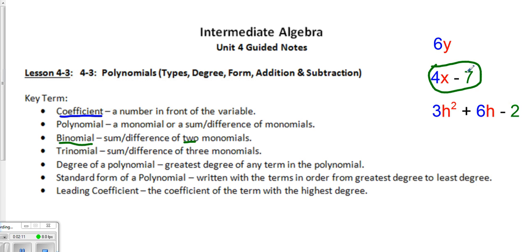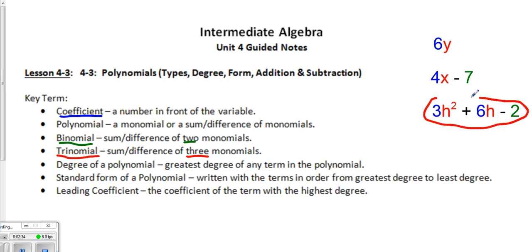So these two together, 2 different terms, this would be a binomial. Think bi as in bicycle, has 2 wheels. So a bicycle binomial has 2 pieces. In that case then, a trinomial, think tricycle, would have 3 pieces. So that would be this one here.